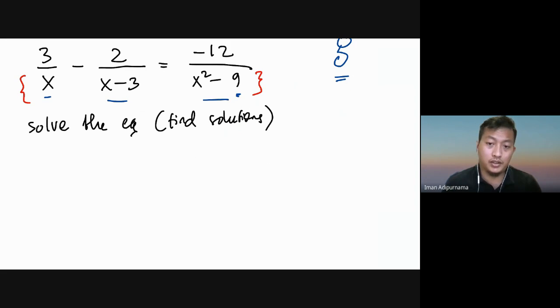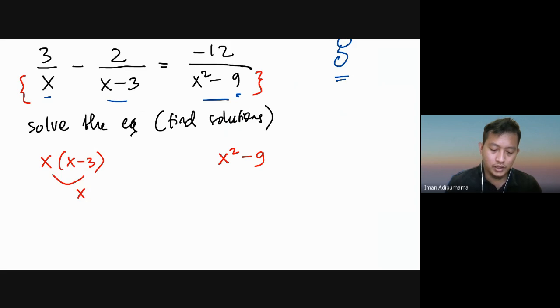We need to multiply by something that can remove them, and we need to multiply both sides, left and right. We have x minus 3 and we have x squared minus 9. If we multiply by only x minus 3, we get minus 3x, which is not the same, so we need to multiply all of them. But we know that x squared minus 9 comes from x minus 3 times x plus 3.